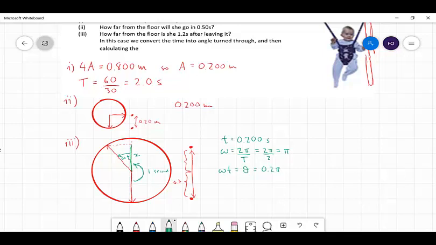Okay, and now if we look at this triangle here, what we're interested in is this value x here. That value x is the adjacent side in this triangle, and we know that the length of the phasor is A, which was 0.2 meters. And so we can say that x over 0.2 is equal to adjacent divided by hypotenuse, which is cosine of theta, but theta was 0.2 pi.